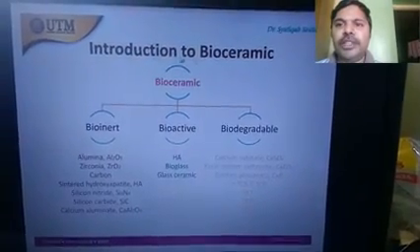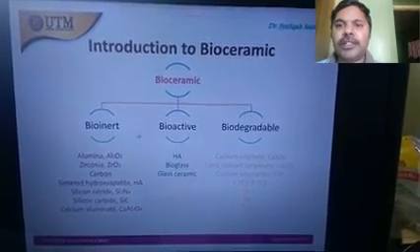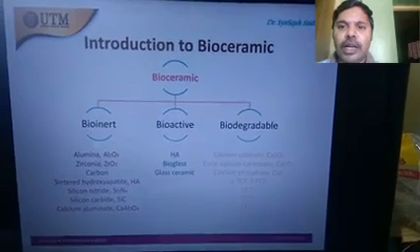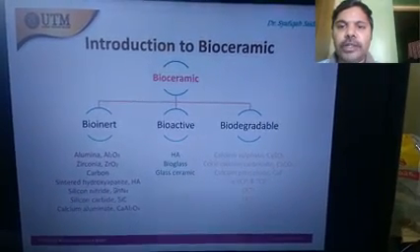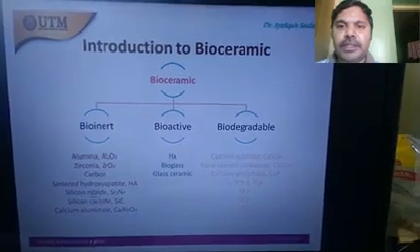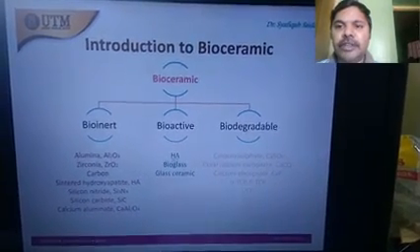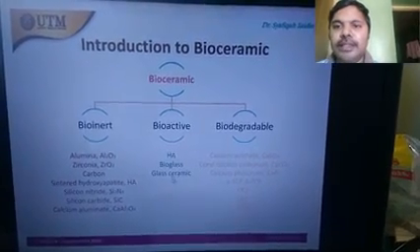So these are some of the examples of three different types of bioceramics: bioinert, bioactive, biodegradable. If you see bioinert, aluminum oxide, zirconium oxide, carbon, sintered hydroxyapatite, silicon nitride, these are all some of the examples of bioinert ceramics. If you see bioactive, HA, hydroxyapatite, bioglass, glass ceramics.